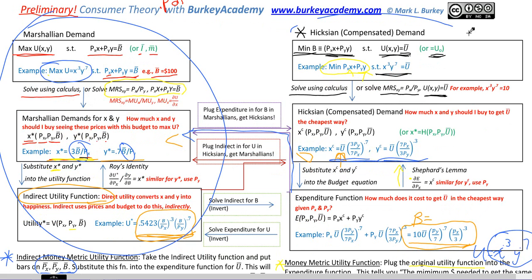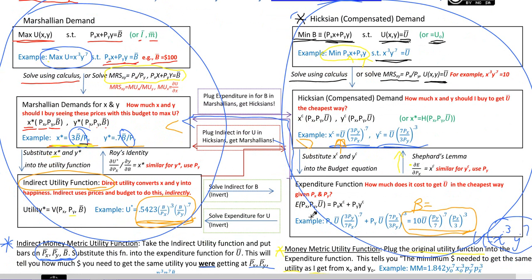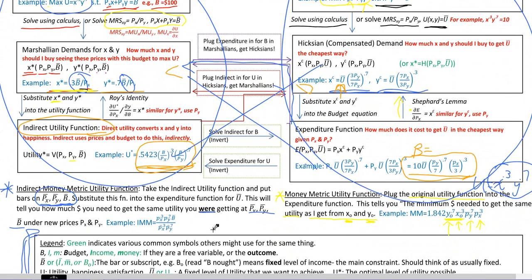We're going to cover this stuff on the Hicksian. We won't talk about going between the two columns in that video. And then in the third video, I'll talk about how we go between these two, doing these inversions. And also I'll talk about these money metric utility functions a little bit in the third video.